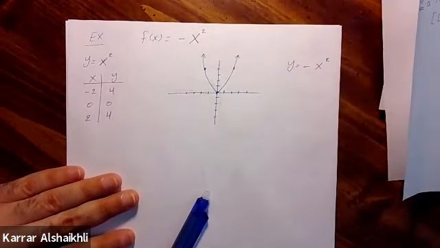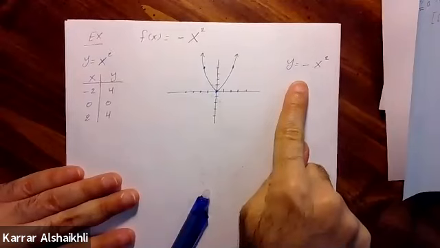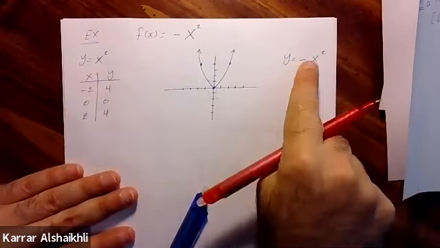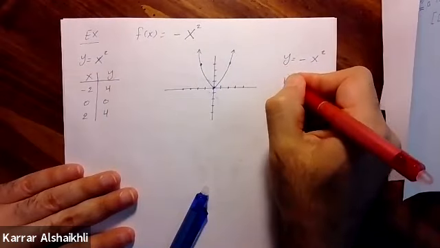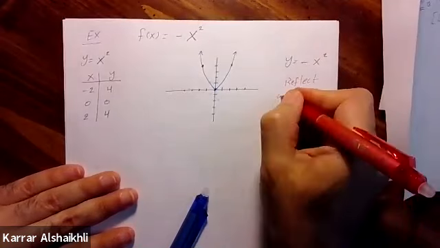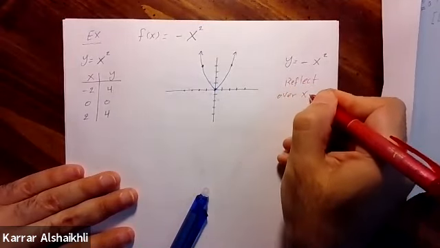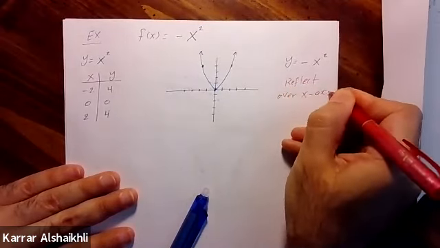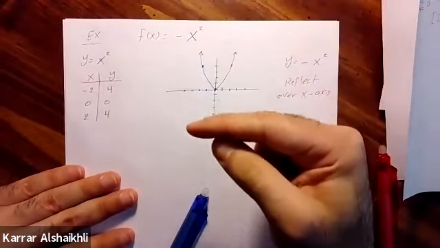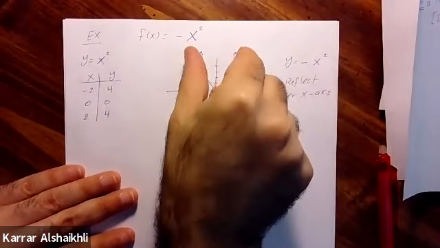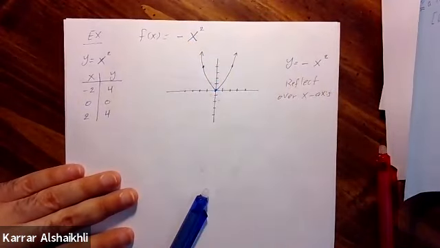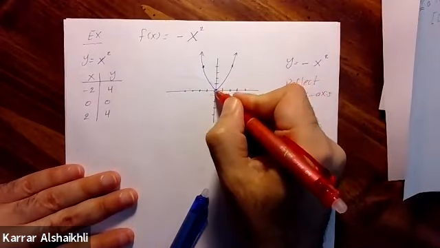Now, to graph the new function, we just have to do the negative outside, which is a reflection over the x-axis. What does that mean? That means the whole graph, you're going to reflect it over the x-axis. You're just going to take these 2 lines and flip the graph on the x-axis. So this point is going to stay here.